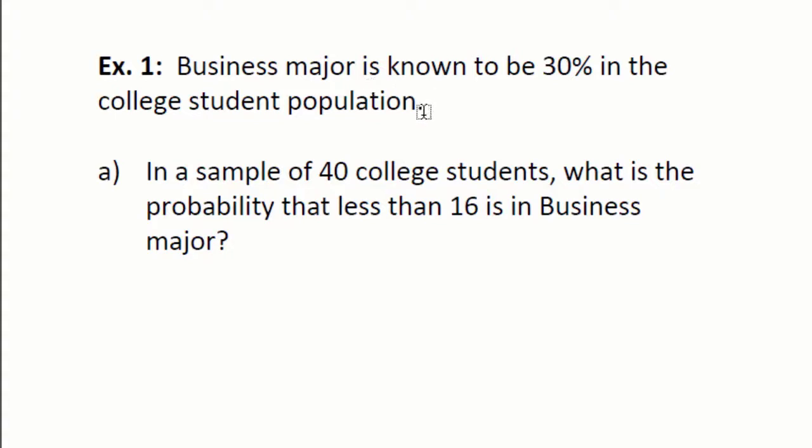From this beginning description, what we have is a population: the population of college students, as I was saying earlier. In this particular example 1 as a study, we are looking at business major being a category in our college students population.